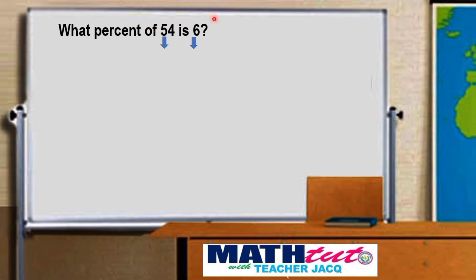In identifying which is the base and which is the percentage, always remember that the base is the whole, and the percentage is the part or portion of the whole. Therefore, our base should always be greater than the percentage. So 54 is our base, then 6 is our percentage.